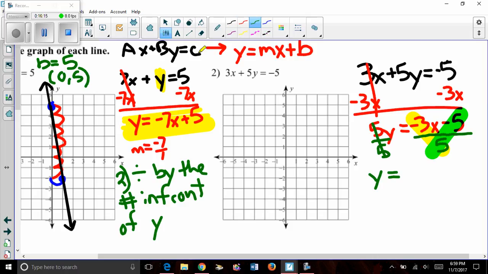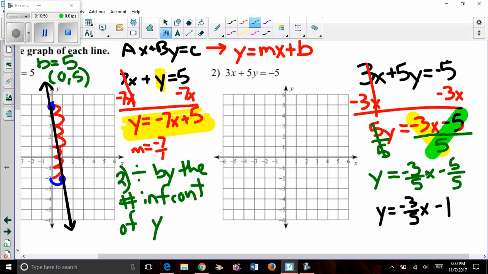And if that is not clear, I could rewrite this as negative 3 divided by 5 with my x, and then minus 5 divided by 5. The great part about this is once we simplify everything, I get an equation that looks a lot more like the equations in slope-intercept form. Y equals negative 3 over 5x minus 1.